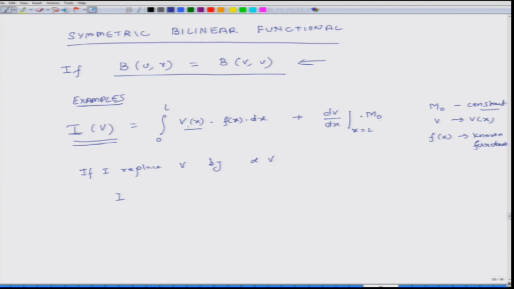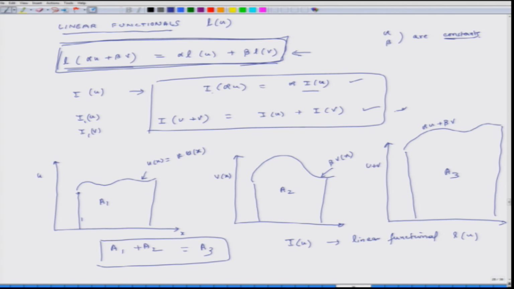I get the condition I of alpha V is equal to alpha times I of V. Also, if I replace V by U plus V, then I get I of U plus V is equal to I of U plus I of V. Both these conditions, which were the conditions for a linear functional, are satisfied. So, I can say that it is a linear functional.